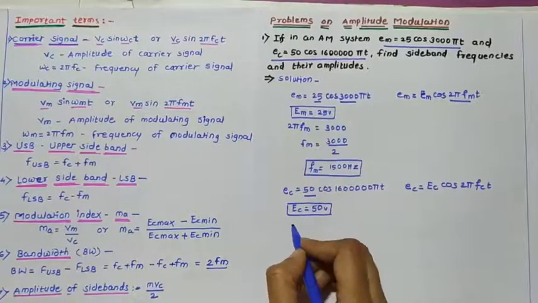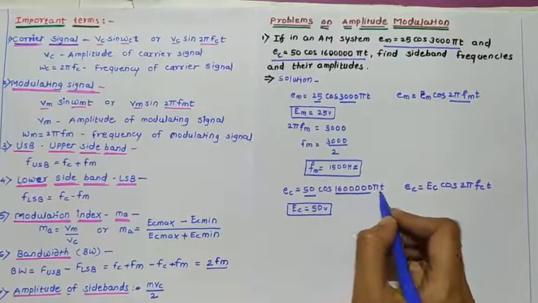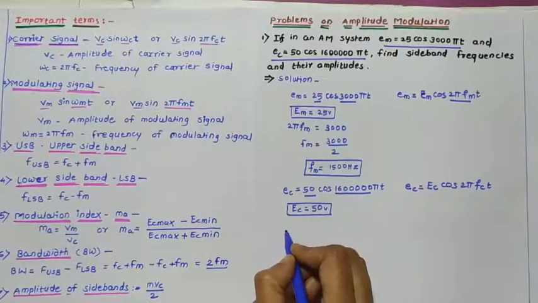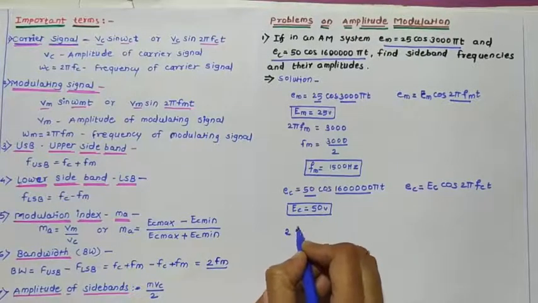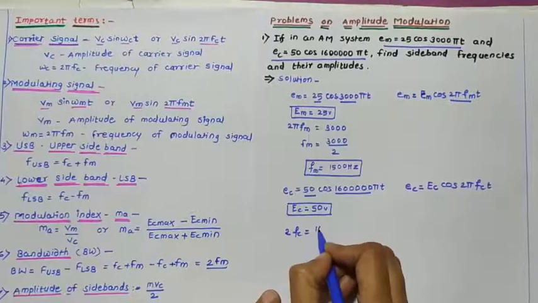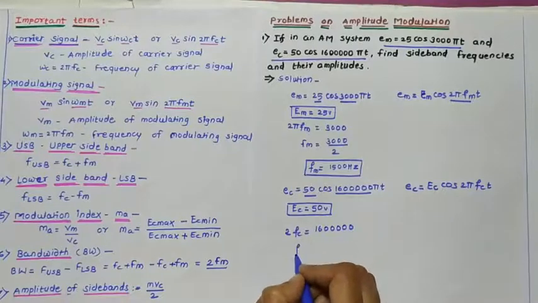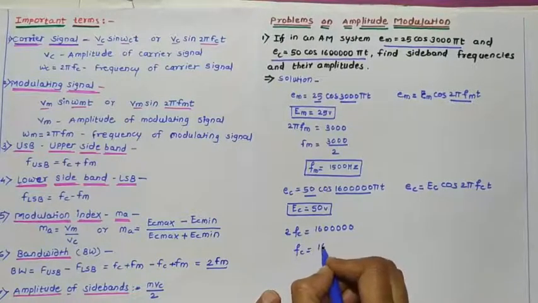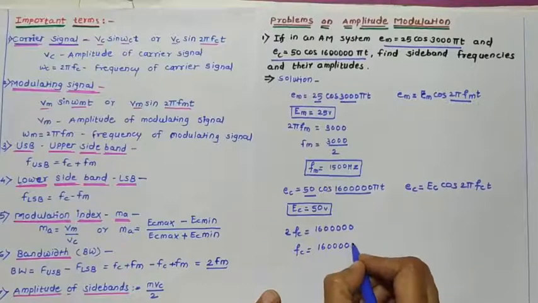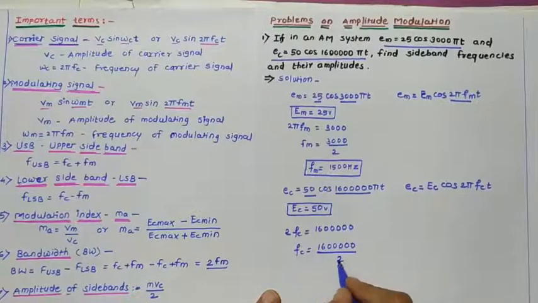Now from this equation this 16 lakh is equal to 2 pi fc, so fc is equal to this given term, 16 lakh divided by 2.